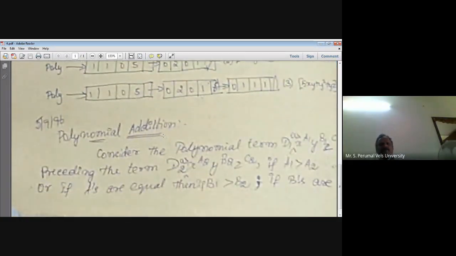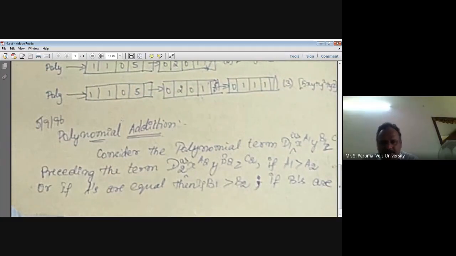So we are going for the polynomial addition. The condition is given like this. We are going to add 2 terms. One is said to be the P term, the second is the Q term, and we are going to save it in the third, which is the R term or resultant term.